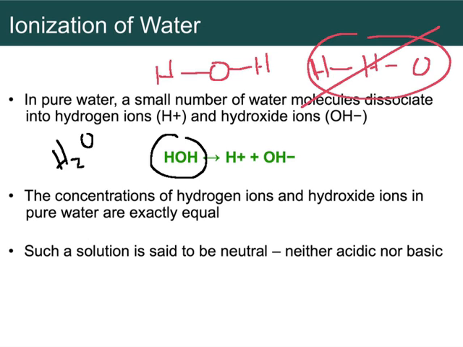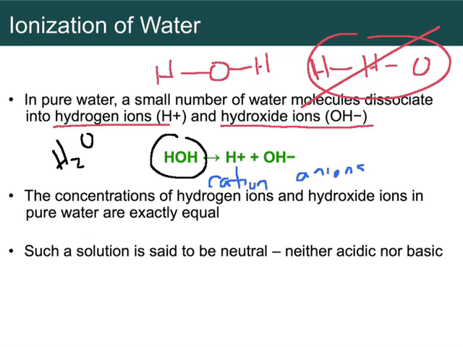So this is the structure of it, and it shows that when you break it apart, you actually get two ions. You get an H plus ion, which is a hydrogen ion. That's the cation. And you get the hydroxide ion, or the OH negative, which is the anion. So remember that positive ones are cations and negative ones are anions.